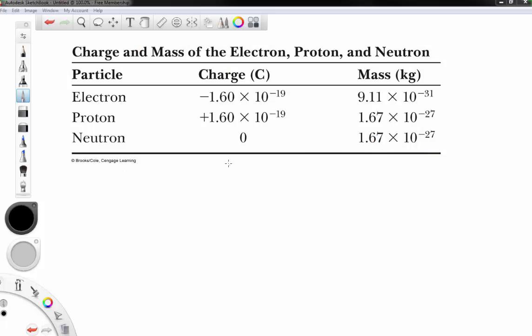All right, in order to help us with this calculation, I've pasted the table that we used earlier in this lecture. This was table 2.1.1, which has the charge and mass for each of these particles that we're interested in.